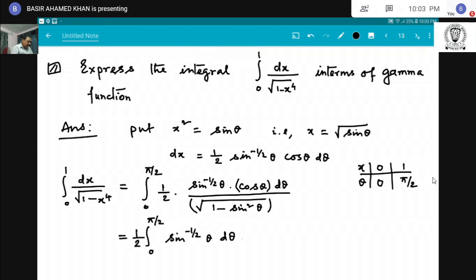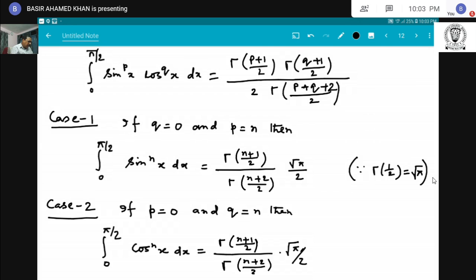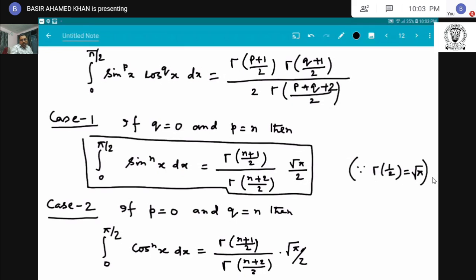Now this equation 1 is very similar to this equation.